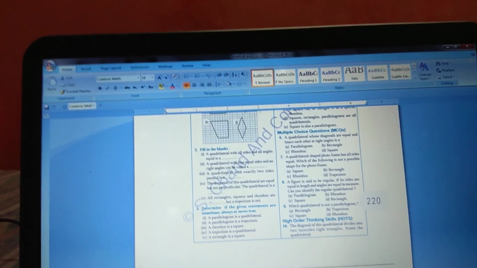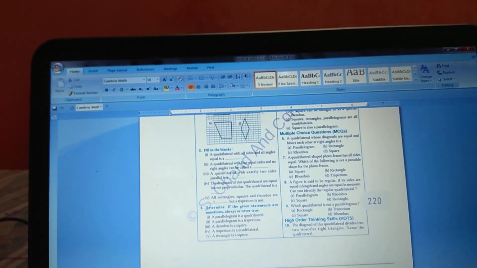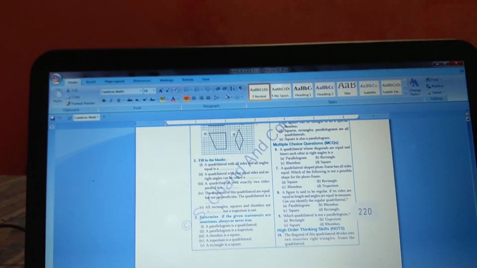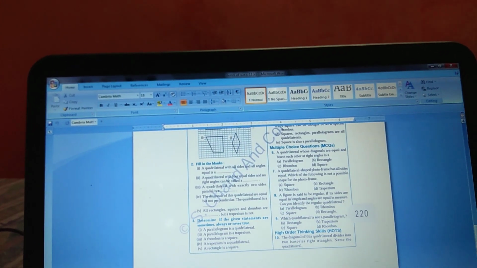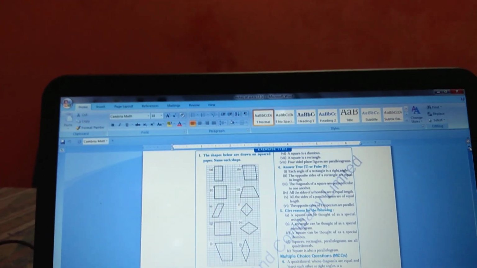Now question number 3. Determine if the given statements are sometimes, always or never true. So sometimes, always and never true you need to find. For this you can take the help of the chart which I have just shown you. Now question number 4 is also true and false.